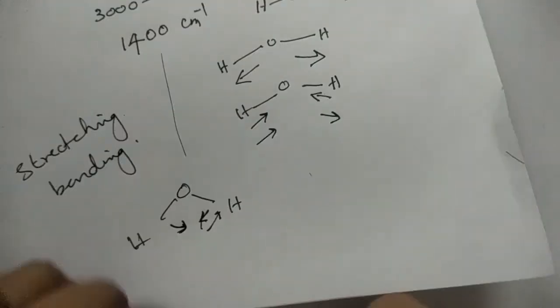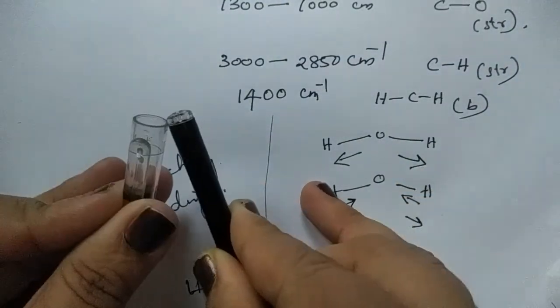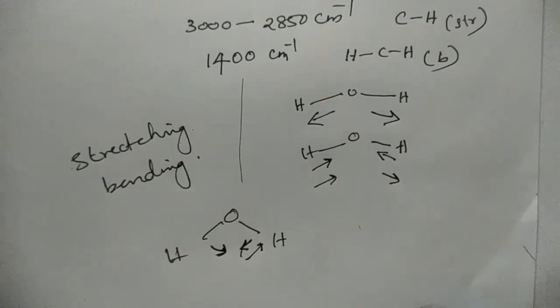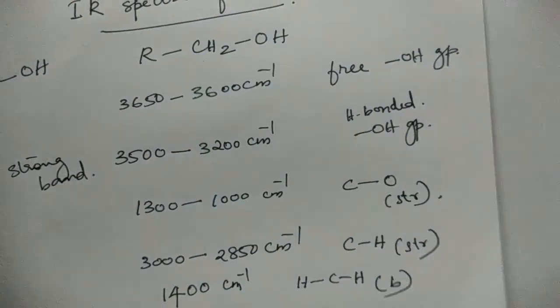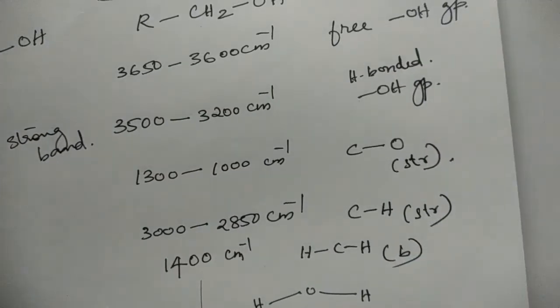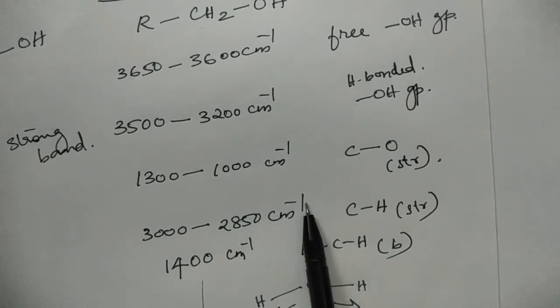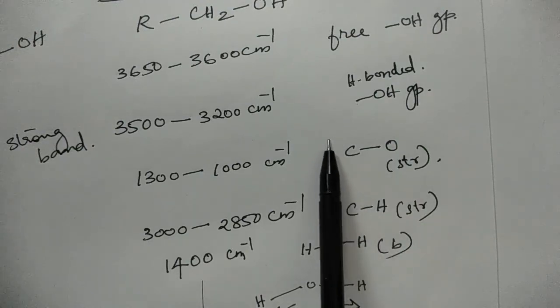So you can have bending vibration and also stretching vibration. That is what we have marked over here. So suppose you see all these ranges, that will be due to the presence of alcohol. Now we'll see the IR spectra of a very simple alcohol.